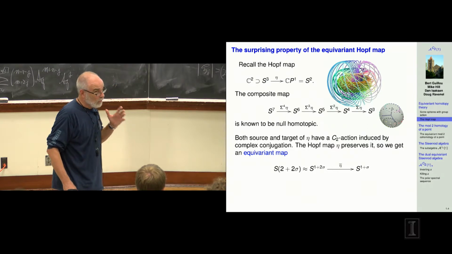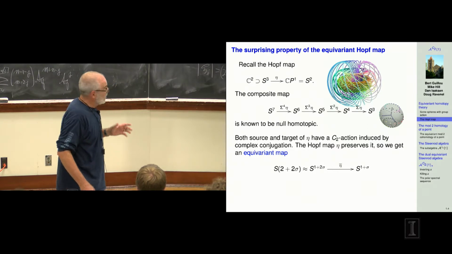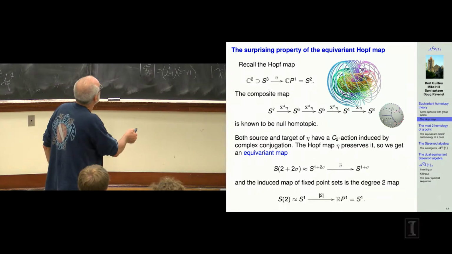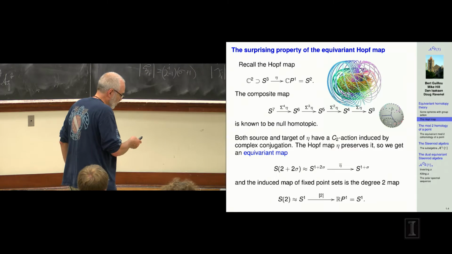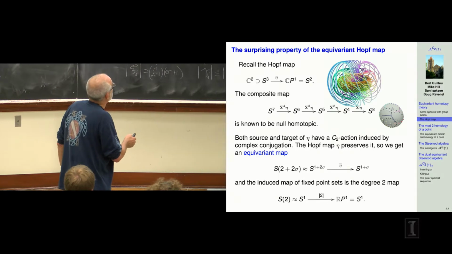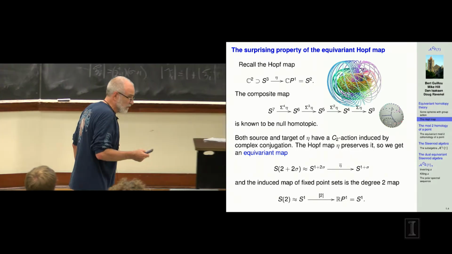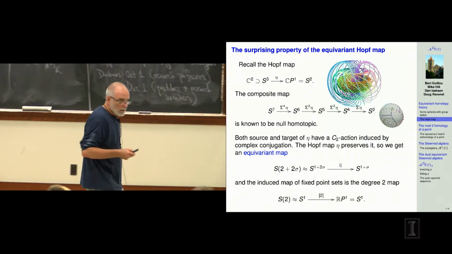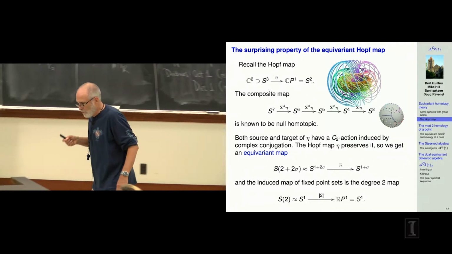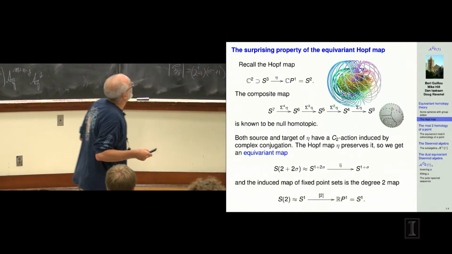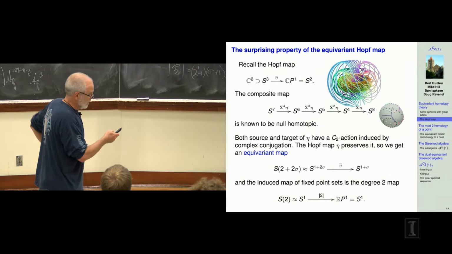In this case, there's only one proper subgroup, the trivial subgroup. If you work out the fixed points of these two spaces, in both cases it's the circle, and the map induced on the fixed point sets is the degree 2 map. Now, I think if Dan Isaacson were here, he would tell me it's really the -2 map. I'm not sure about that, but it won't matter for what I'm about to tell you.